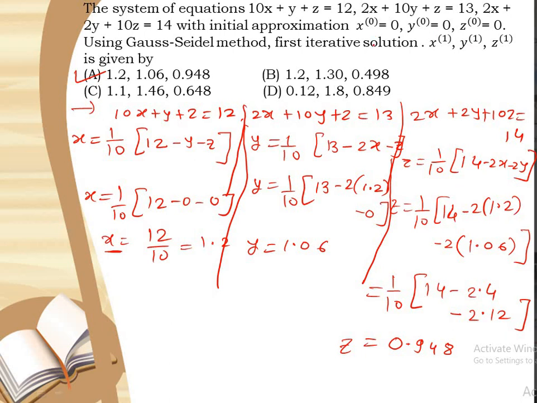To find the value of y we have to use that value of x that we just found. After getting the values of x and y we have to calculate the value of z. We can't calculate z directly because we require x and y. Okay, so this is the second problem.